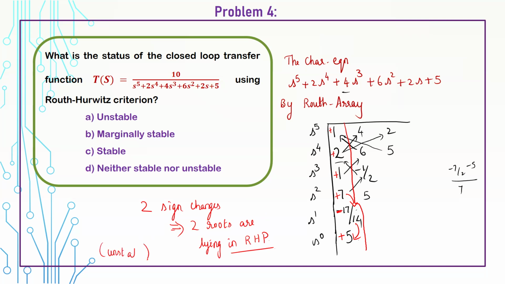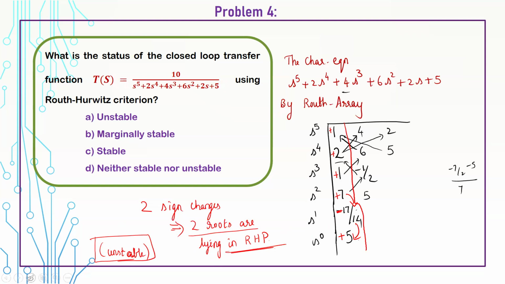For a stable system, all the roots should lie in the left half of the S plane. If even any one root is lying in the right half of the S plane, we can conclude that the system is unstable. So in this given system, there are 2 roots lying in the right half of the S plane, so we can conclude the system is unstable.